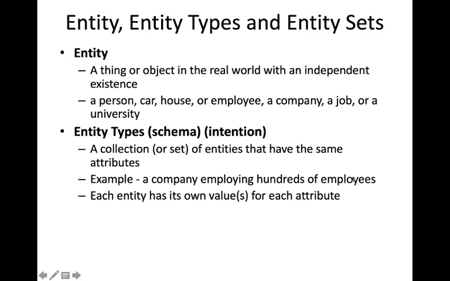Each employee will have its own value for the attributes. When we represent this entity type, it is described using the name of that entity type and also the set of attributes. If you take employee, employee is an entity type, and the attributes for that employee are name, social security number, sex, date of birth. Like that, there will be several attributes.